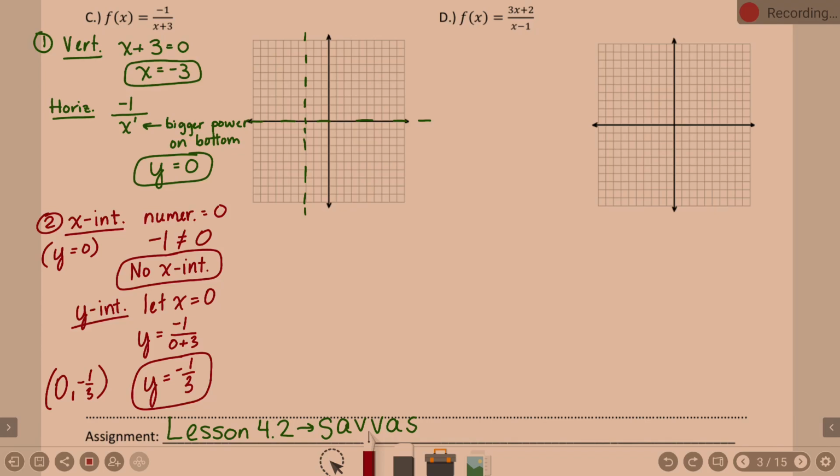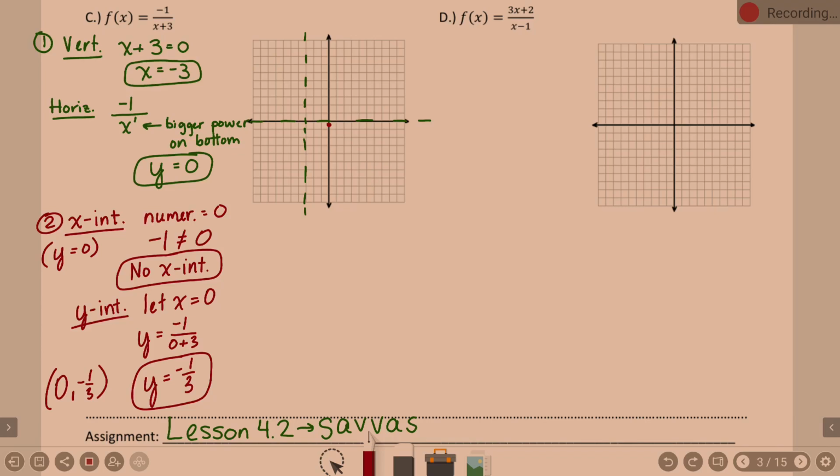I'm giving you options here. On the y-axis, we have an intercept of -1/3. Most likely, that one point, along with my asymptotes, would give me enough information to pick the correct graph and solve this.